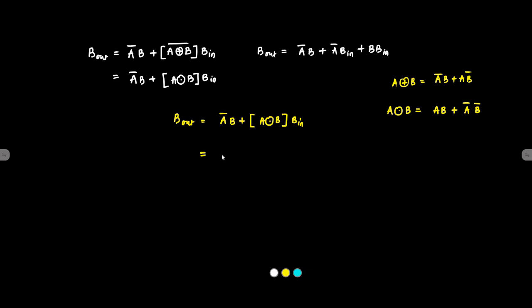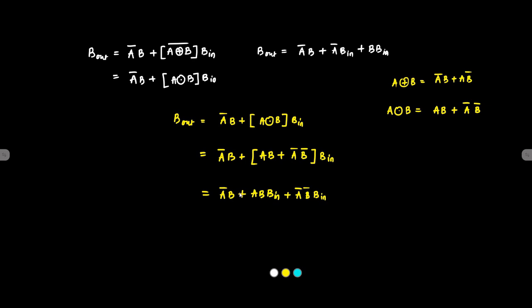So we'll have A bar B or (AB or A bar B bar) Bn. Now when we open the bracket, we have A bar B or AB Bn or A bar B bar Bn.